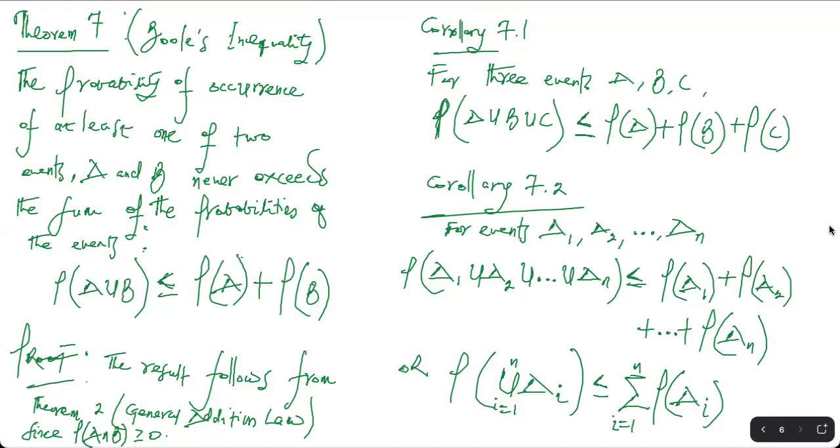All these are coming from the general additive law. And in the general addition law, there may be overlaps, right? So we're saying that if there are overlaps, then the probability of the union of the events is going to be less than the sum of the individual probabilities.